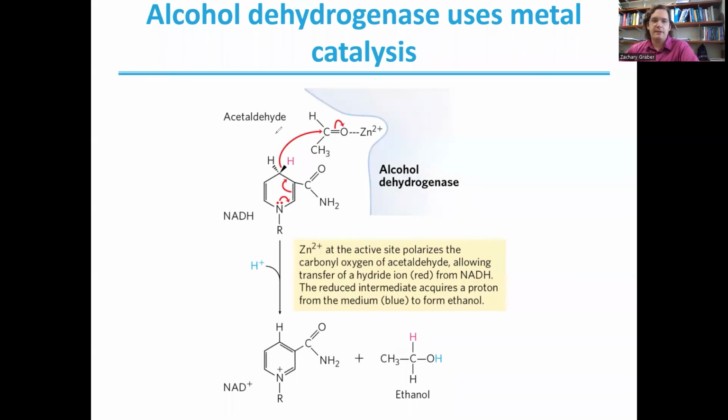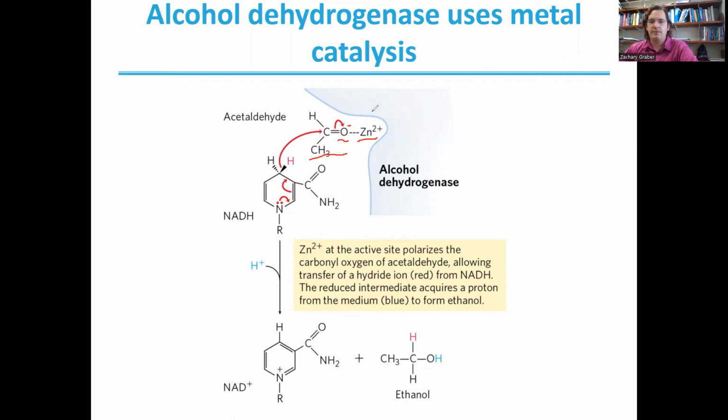So what our enzyme does is it uses a zinc bound within our enzyme to associate with our negatively charged oxygen intermediate. So we do a nucleophilic attack on our reactant, our substrate here, which will result in a negative charge on our oxygen after that nucleophilic attack.